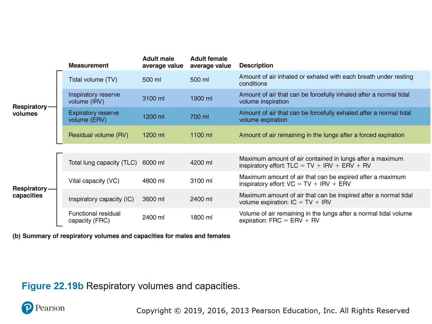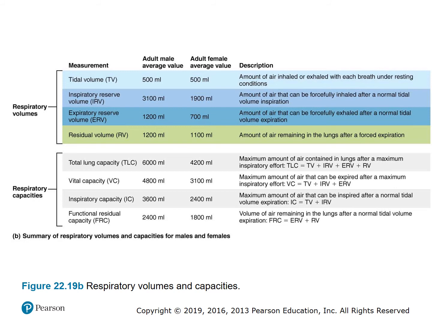Here it summarizes for an adult male what the average value is, and for an adult female, the respiratory volumes and respiratory capacities. This is in figure 22.19b. And it also tells you what each is. Tidal volume is the amount of air inhaled or exhaled with each breath under resting conditions.